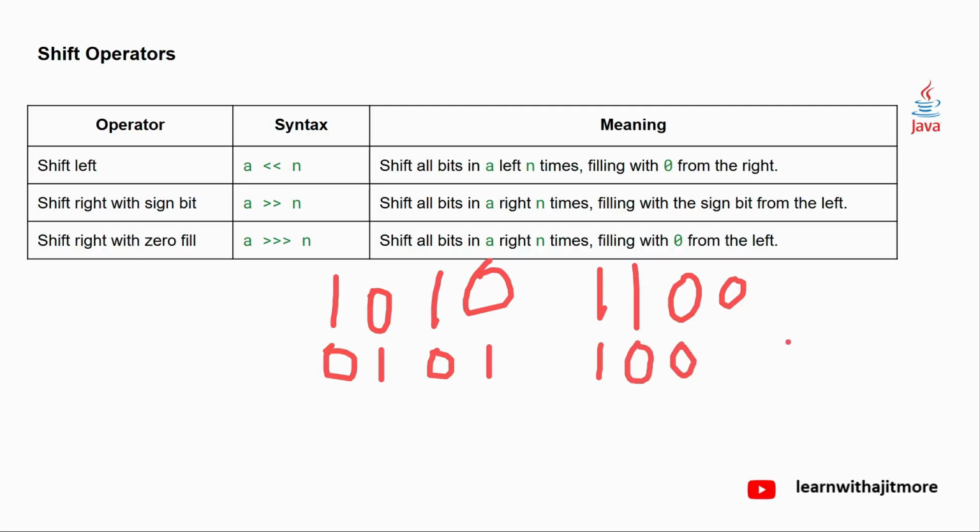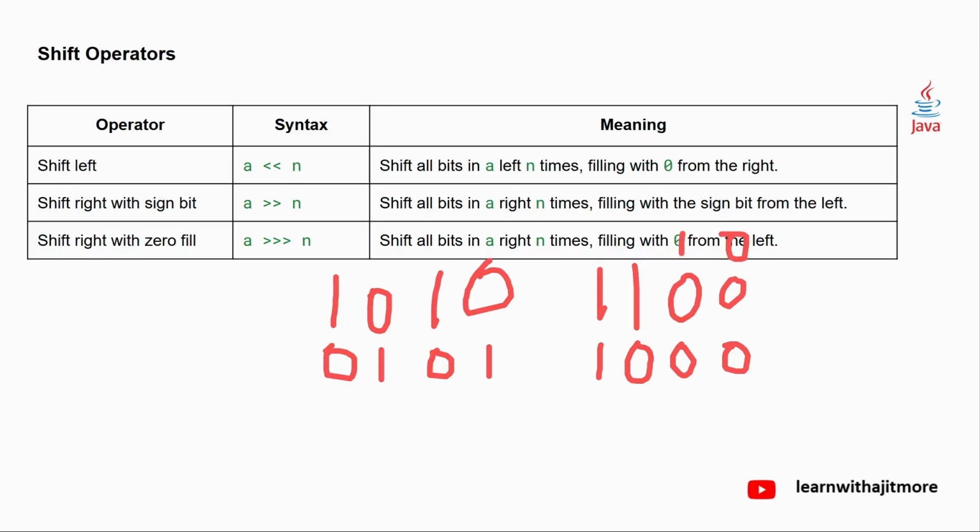And what is going to come inside? Always 0. It doesn't matter what is here. The old bit is not concerned over here because this side has no significance. So what will come always inside? 0.